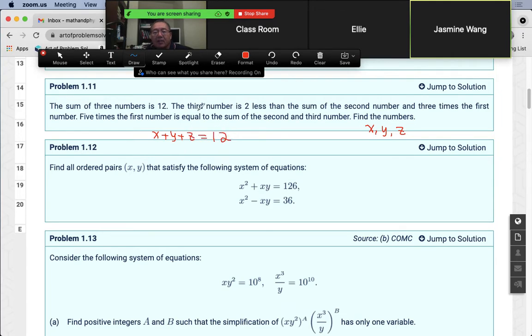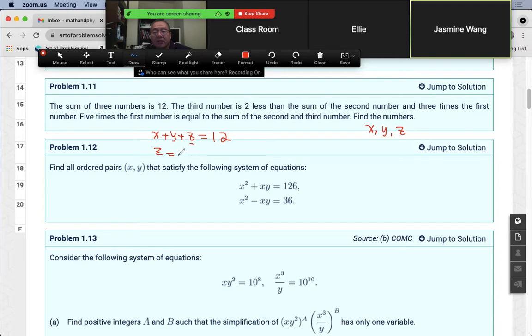Okay? So the third number is 2 less than the sum of the second number and 3 times the first number. So now let's say the third number, that's z, right? z is 2 less than the sum of the second number and 3 times the first number.